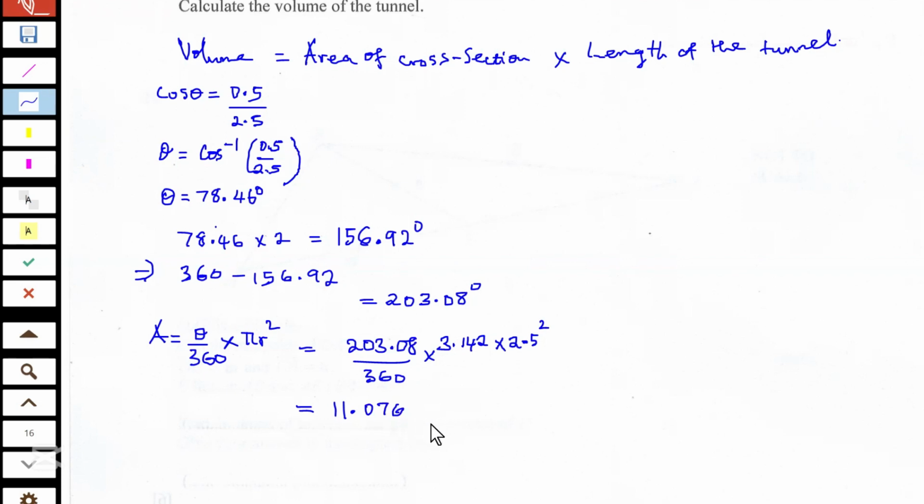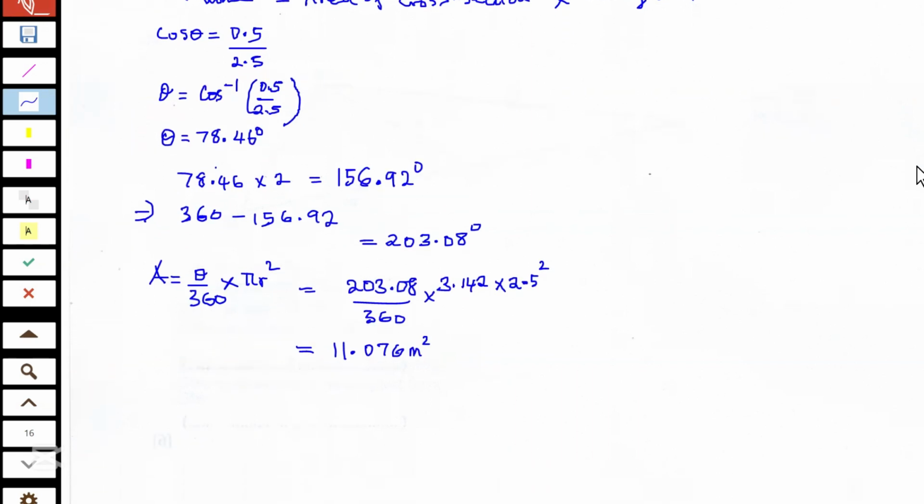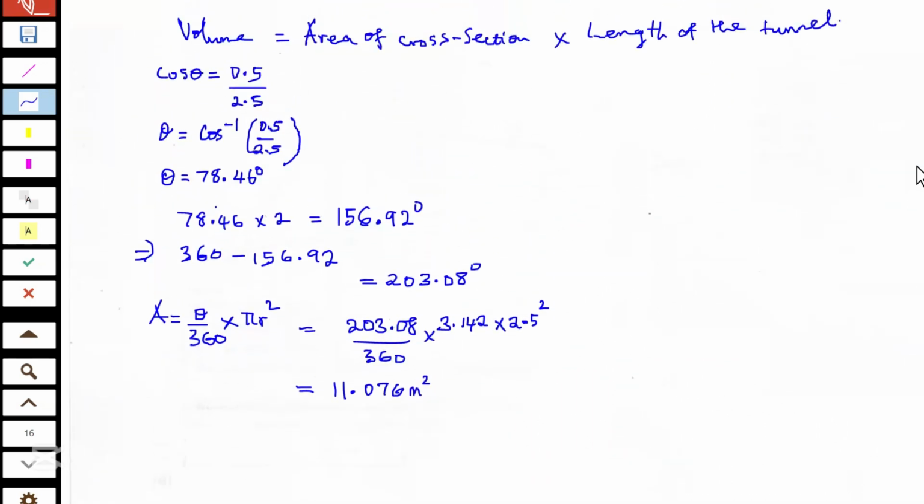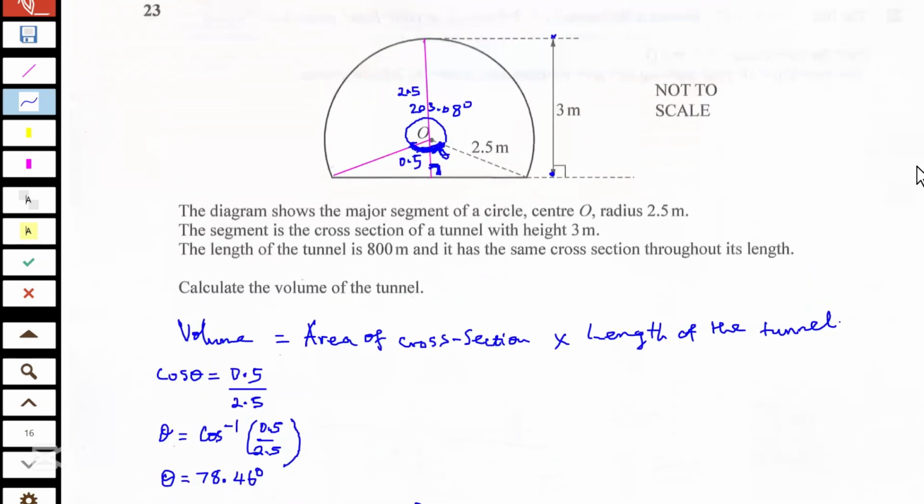The unit is going to be meter square, as the area of the major sector. Now, having found the area of the major sector, like I said earlier, the area of the cross section is a sum of the area of the major sector and the area of the triangle.